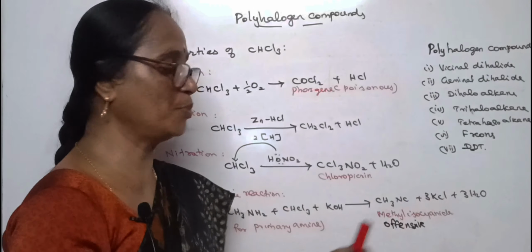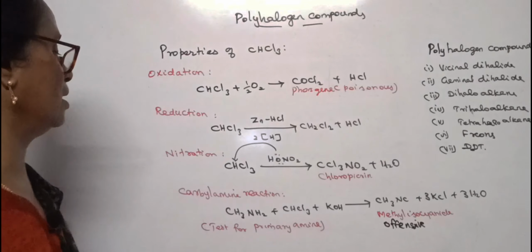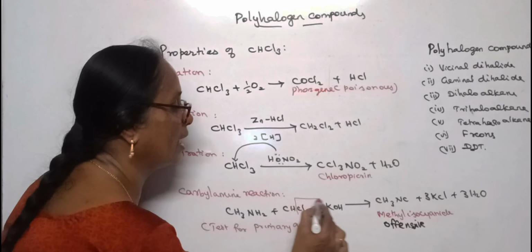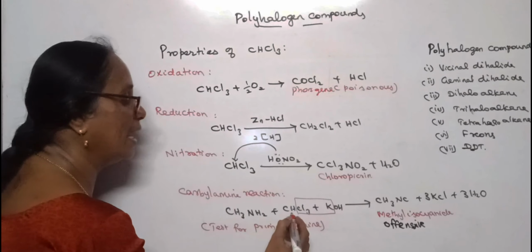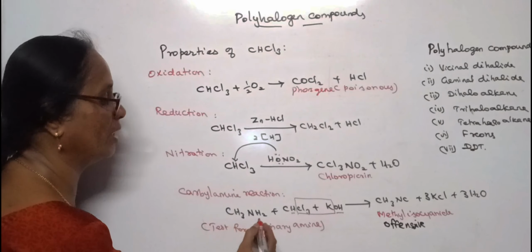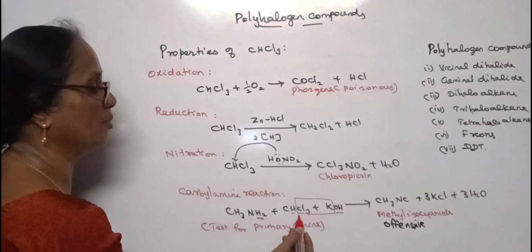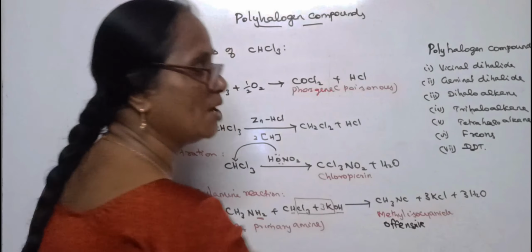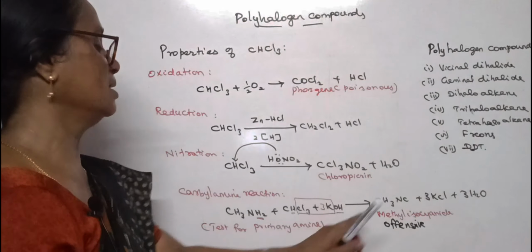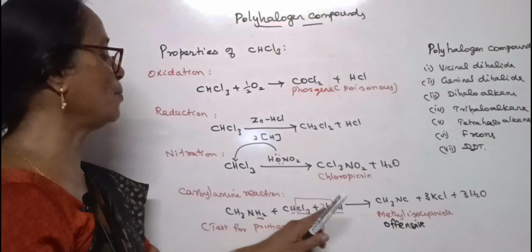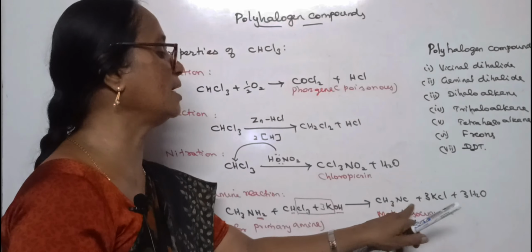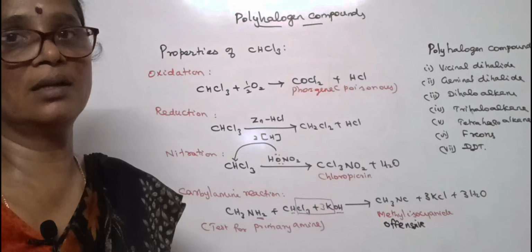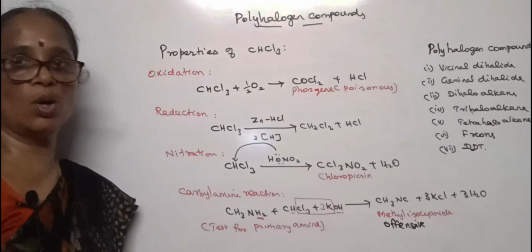Along with it, potassium chloride and water are formed. So the potassium chloride is removed as KCl, and the hydrogen with OH along with the 2 hydrogen atoms, you can count 3 hydrogen, we have to take 3 times, that makes 3 molecules of water. So CH3NH2 plus chloroform plus 3 KOH forms isocyanide, 3 molecules of potassium chloride along with water. These are the properties of chloroform.